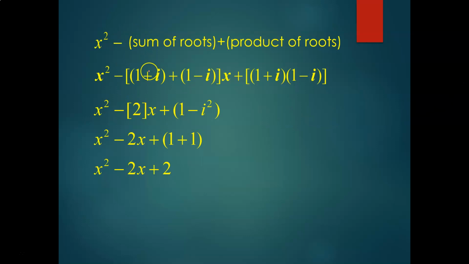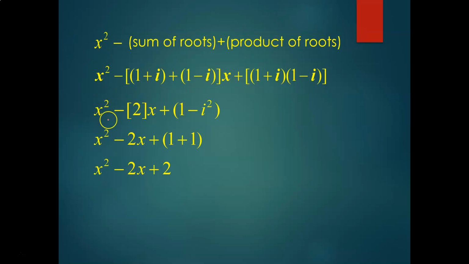So you have sum of root, you buatlah hasil tambah the two roots just now. 1 plus I tambah 1 minus I. The other one, product of roots, you have to multiply both of the roots. Okay. So this follow chapter 2 punya chapter quadratic equation punya formula.